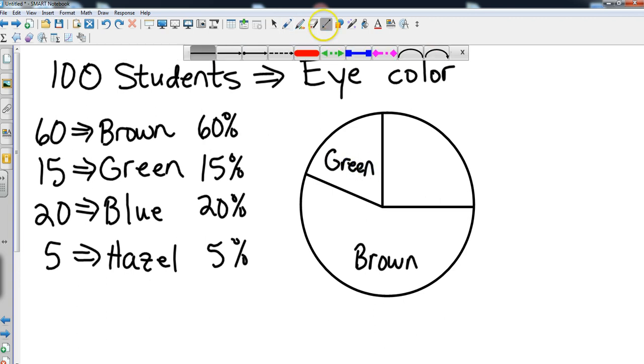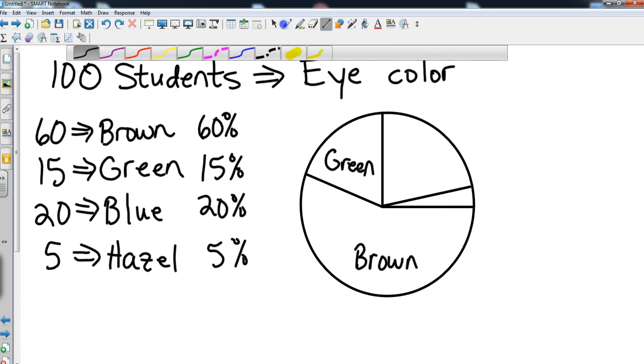Then 20% of this is going to be blue. Let's go right there. And then the last percentage is going to be hazel. So just determining what you're actually looking at, that's probably the easiest way to show the breakdown of that data.